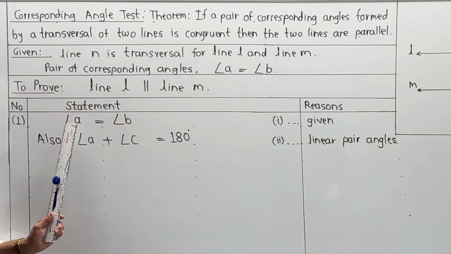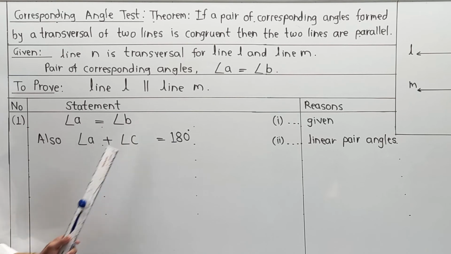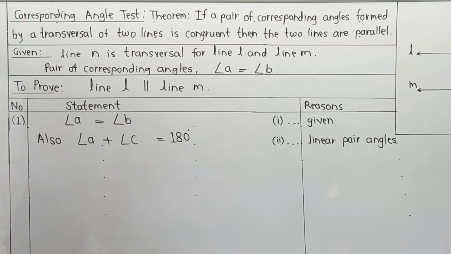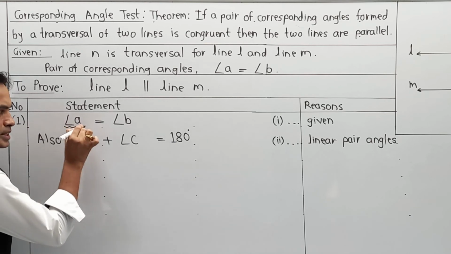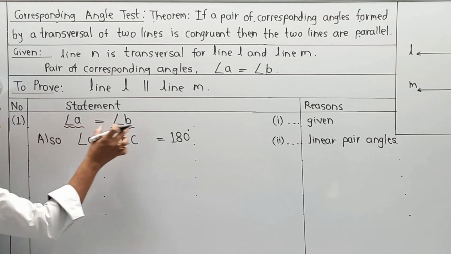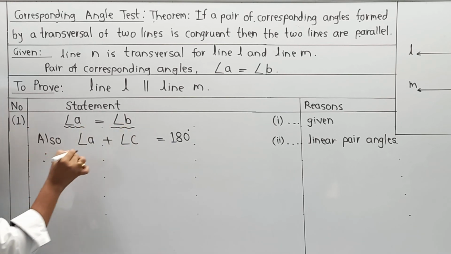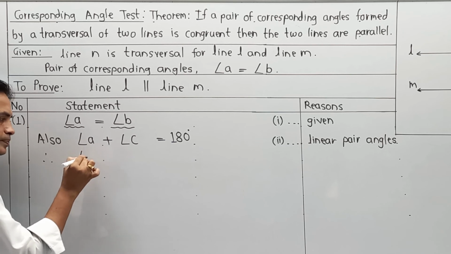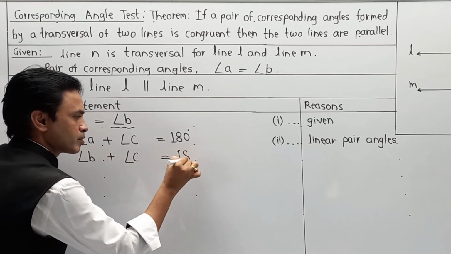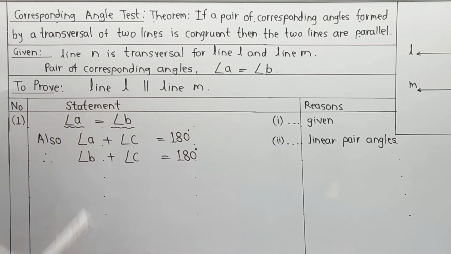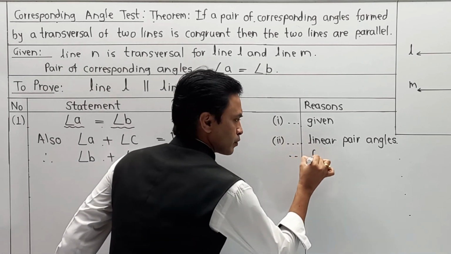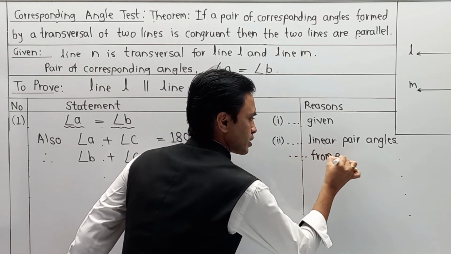Naturally, in equation 1 we say that angle A equals angle B. In the second equation we say angle A plus angle C is 180 degrees. Now we are going to replace angle A by angle B. So removing angle A and putting angle B, our equation becomes angle B plus angle C is equal to 180 degrees. This new equation is formed because of equations 1 and 2. So I am going to write the reason: from equations 1 and 2.